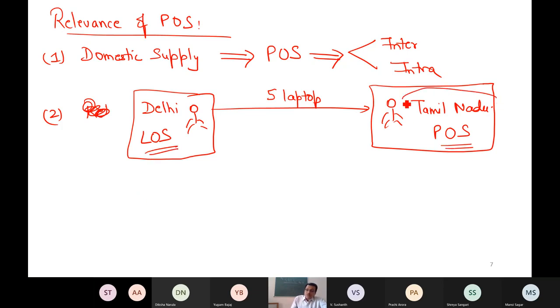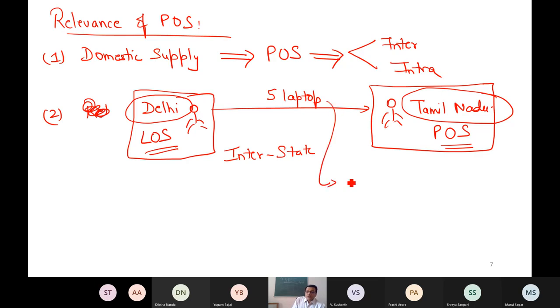Since these are two different states, and it is a domestic supply, I will say that this supply is interstate. This is what my first answer will be. Now, if the value of the 5 laptops is 5 lakhs, which tax will I charge? Since it is interstate, I will charge IGST.